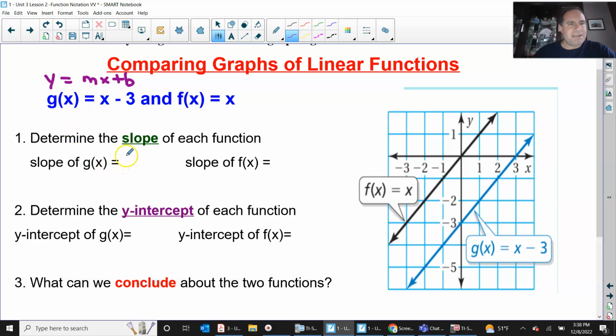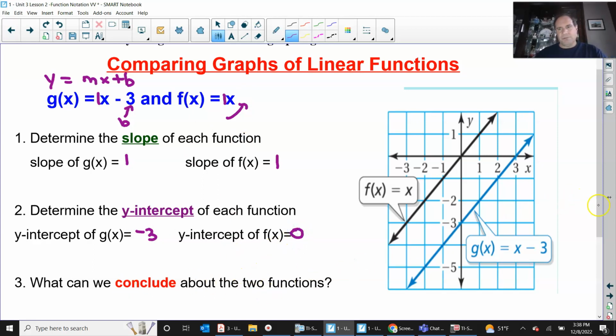The slope is 1. It's always the number before the x. And then the slope of f of x is 1. Determine the y-intercept of g of x. That's the other number. That's your b. -3. And then the other number, which is nothing there, it is 0.